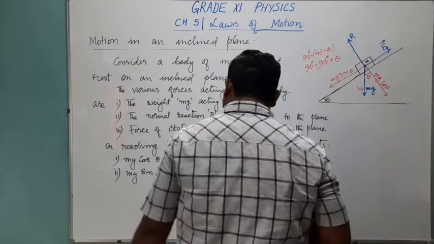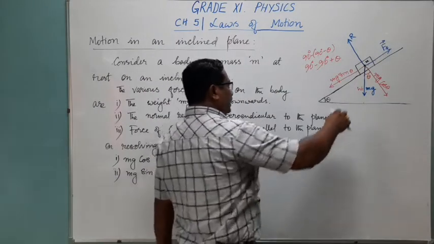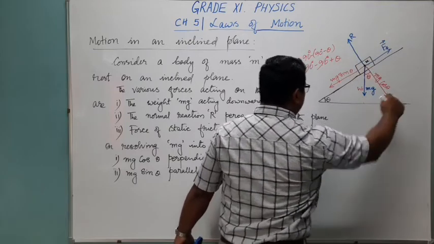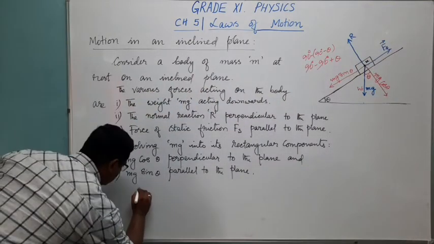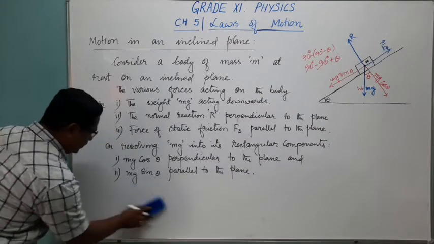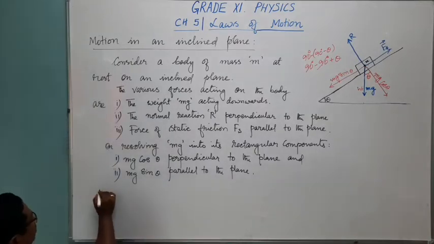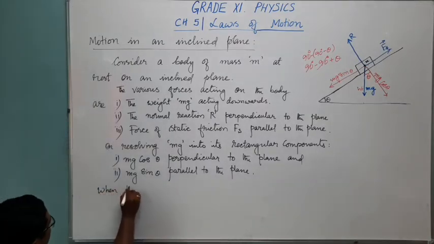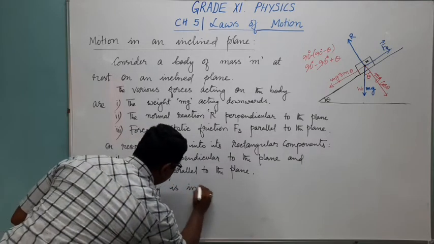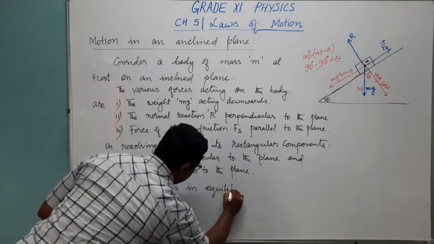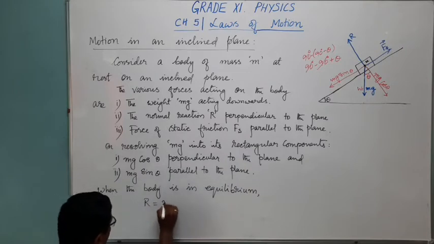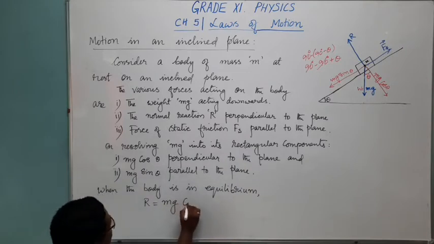Now what you have to do is, as the body is not moving, it is at rest, R is equal to mg cos theta. We write here, when the body is in equilibrium, R is equal to mg cos theta.